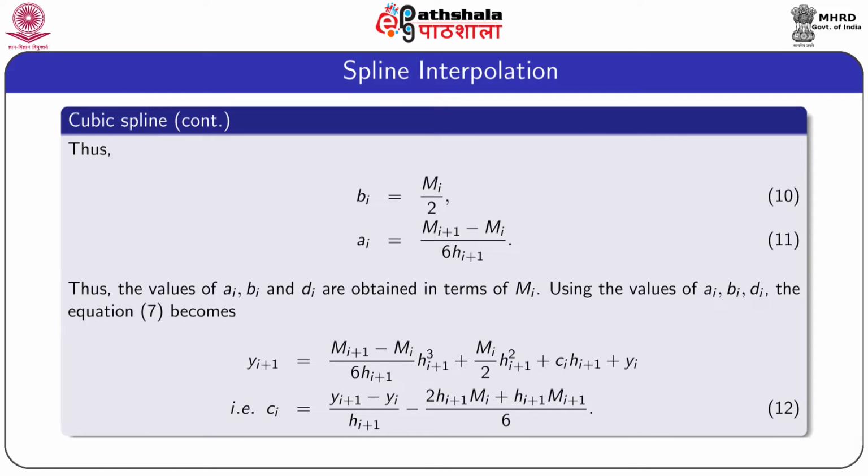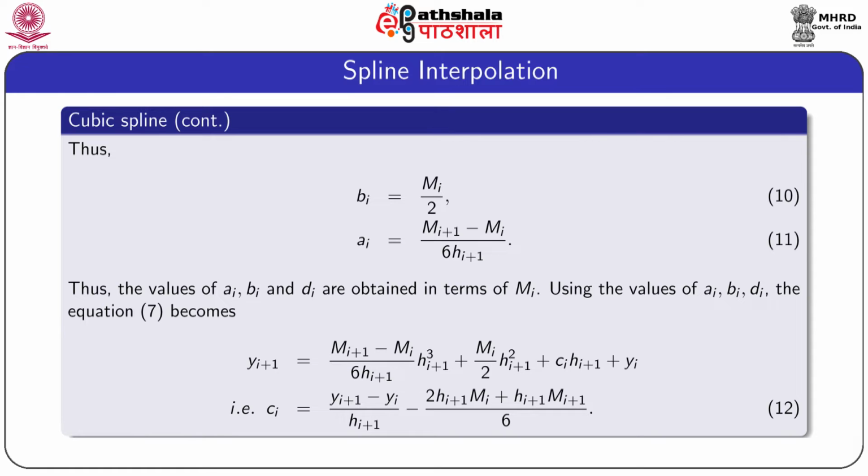After simplification or rearranging, we get the value of c_i, which is equal to (y_{i+1} - y_i)/h_{i+1} - (2 h_{i+1} M_i + h_{i+1} M_{i+1})/6. So, this expression, equation 12, gives the value of c_i.